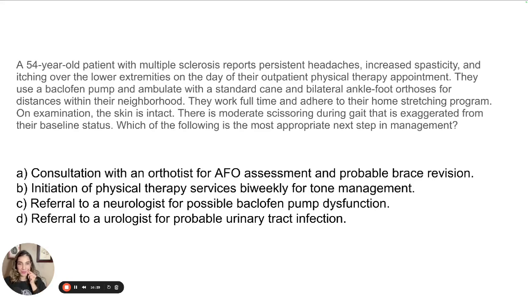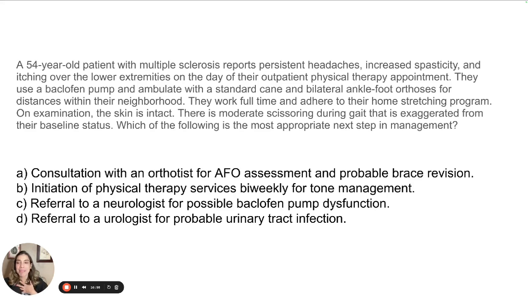If you know, and if you don't know, stay tuned, because I have specifically this topic in one of my future courses on CVA, SCI, and TBI. There's something that is called a baclofen toxicity. It is very dangerous. And it causes some of these things that the question is asking.